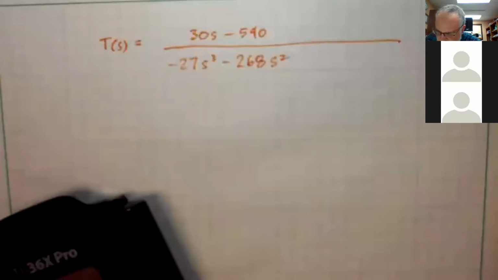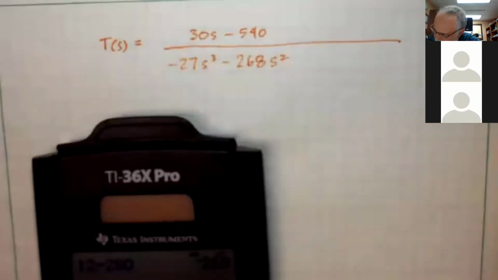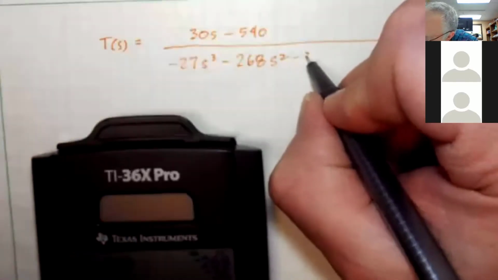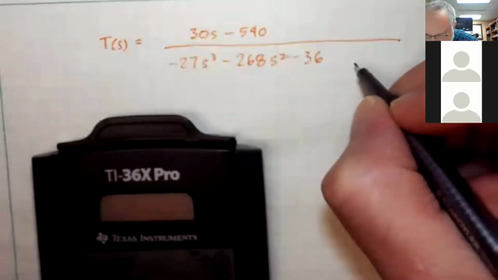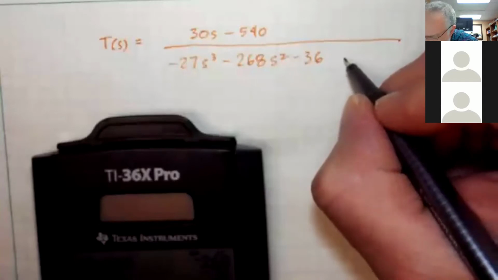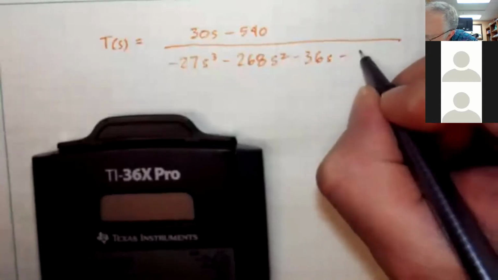That's all the S squared terms. And then I've got 20 minus 56, which is minus 36, and that's an S, minus 560.